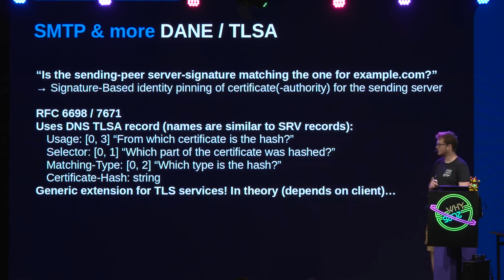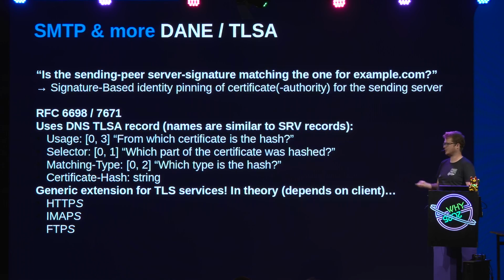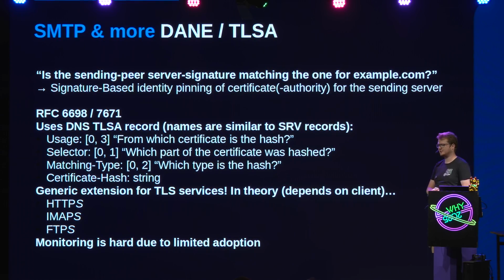And this is especially bad because the implementation for those extensions isn't good. If you're, for example, submitting an email against another server, they may not actually check those records. On the other hand, many protocols are covered, but the monitoring is really hard.